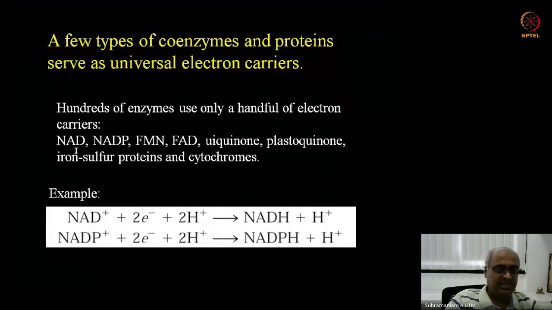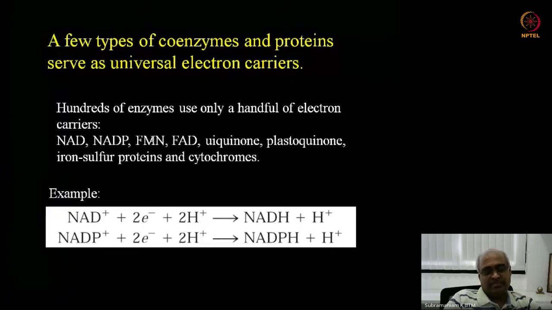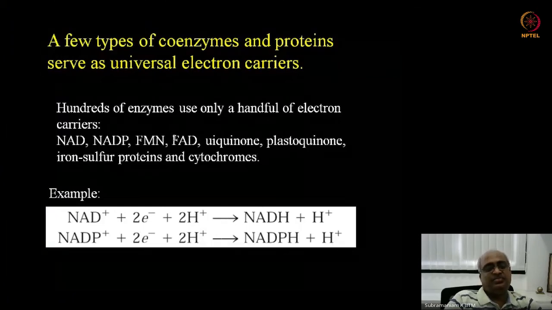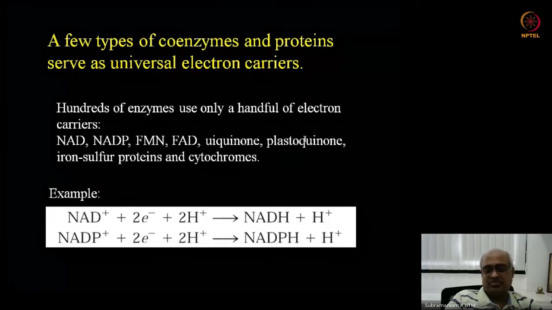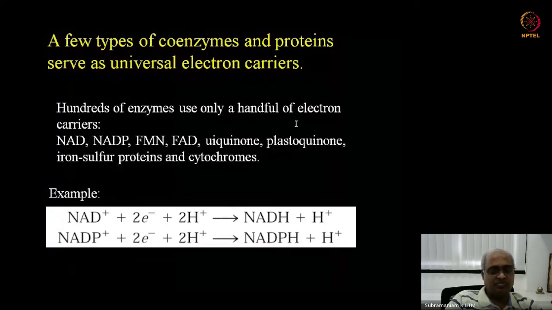Some enzymes that use NAD do not use NADP and vice versa, but there are enzymes that can use both. Then you have another one called FMN, another one called FAD. These two are related. Then you have ubiquinone, specialized to work in membranes, it's hydrophobic. Plastoquinone is similar to ubiquinone but functions in photosynthesis.